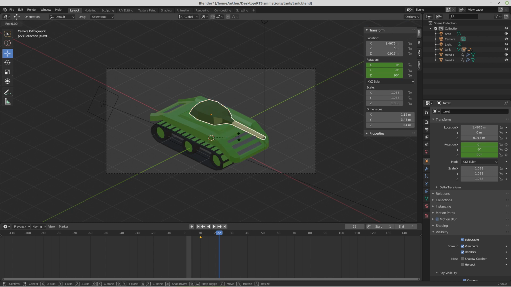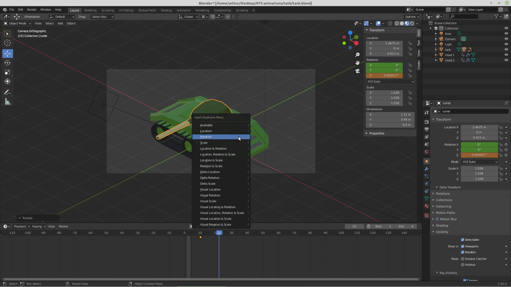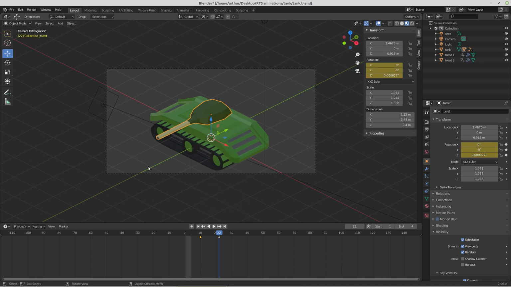Now we're going to rotate Z 90 degrees. Oops, that should be minus 90 degrees. And enter, then insert a rotation keyframe. The next turn of 90 degrees for the 3D turret is 60 degrees in isometric terms.